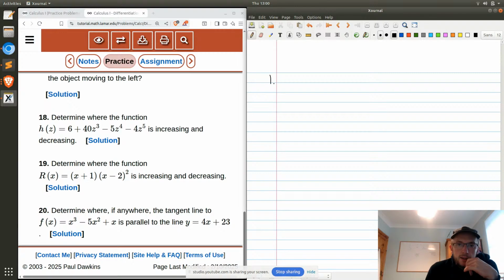Okay, 19th problem. Determine where this function is increasing or decreasing. It's already factored, but can I use that to help me or not? Let me just think about that.